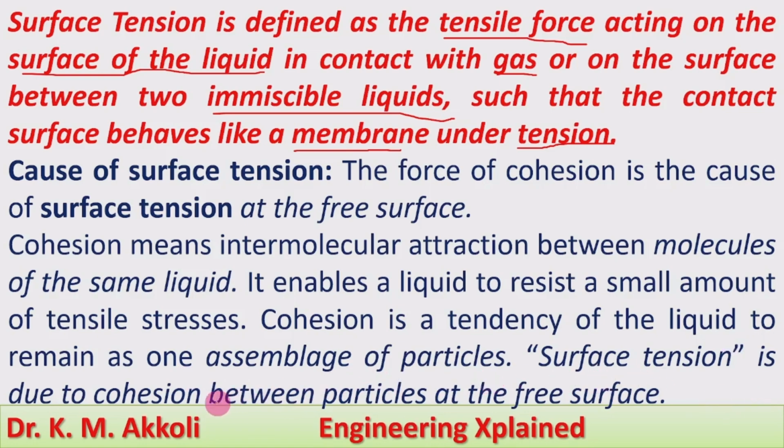Surface tension is due to cohesion between the particles at the free surface. That cohesive force acts due to the molecules of the same liquid, and that cohesion force is the cause of surface tension.